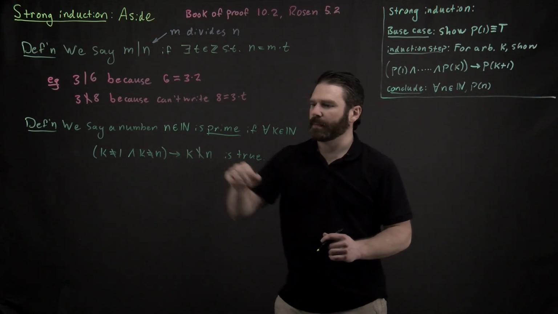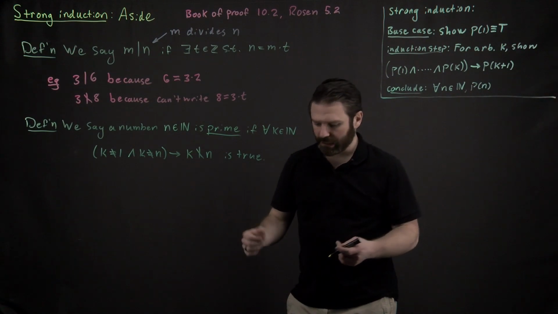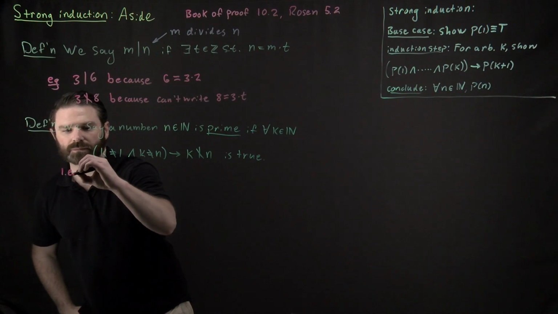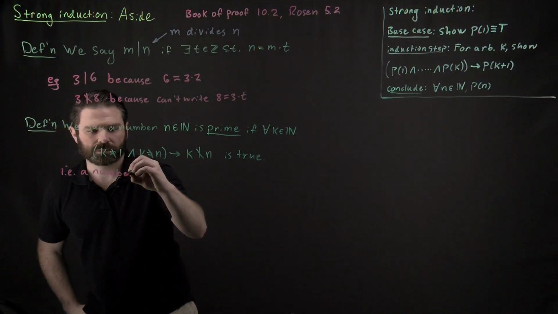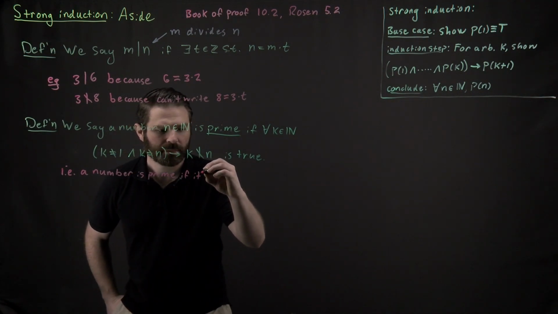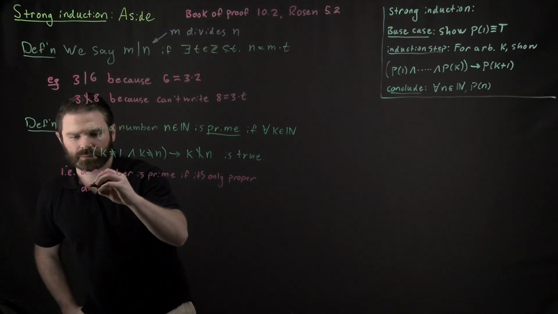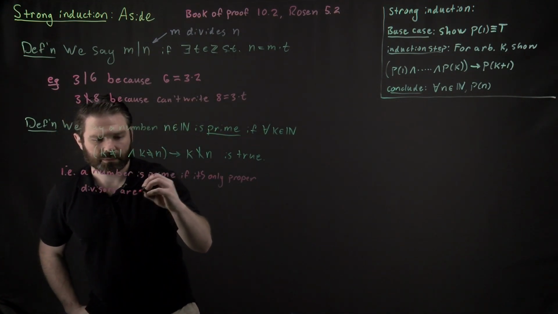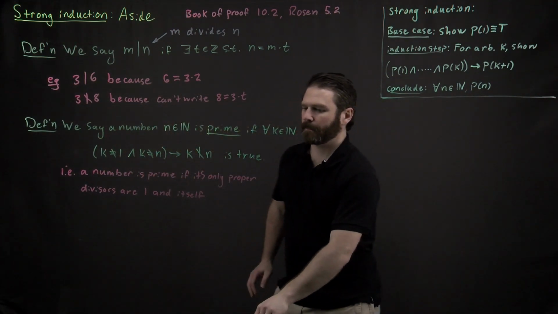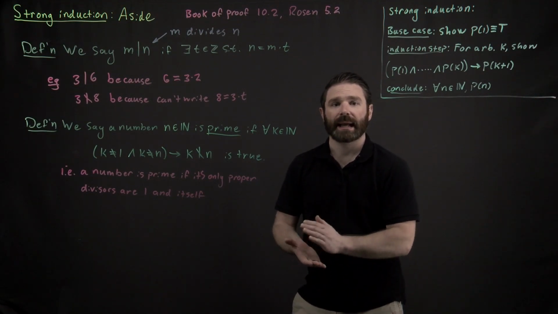So this might be a complicated notation to express that concept, but put simply in words, this means that a number is prime if its only proper divisors are 1 and itself.